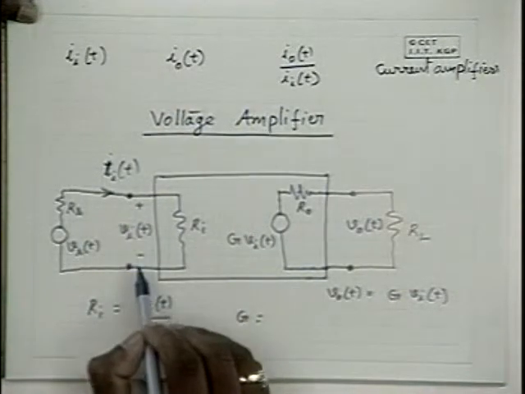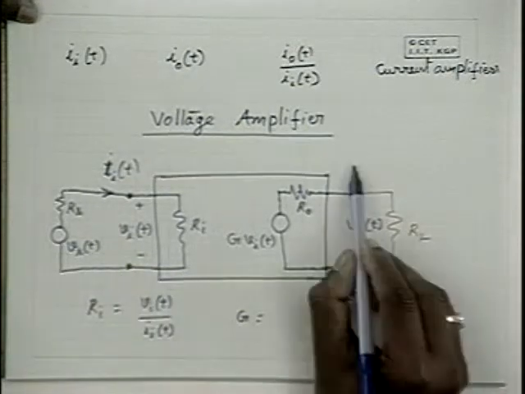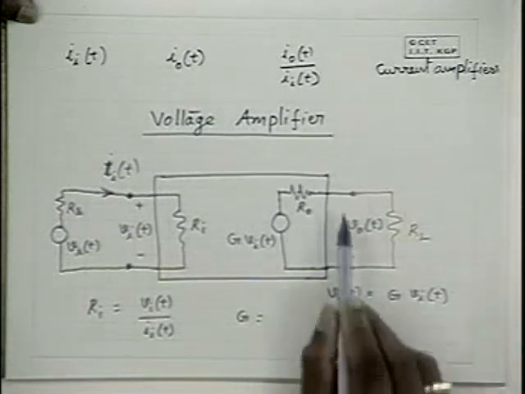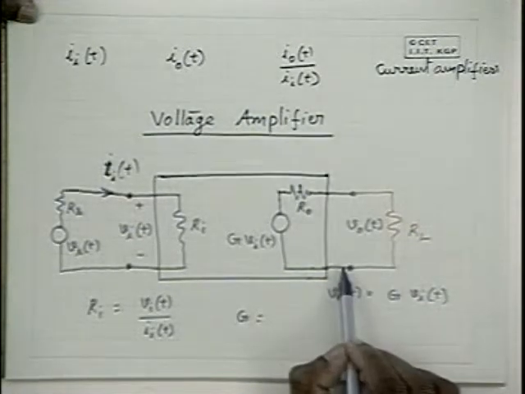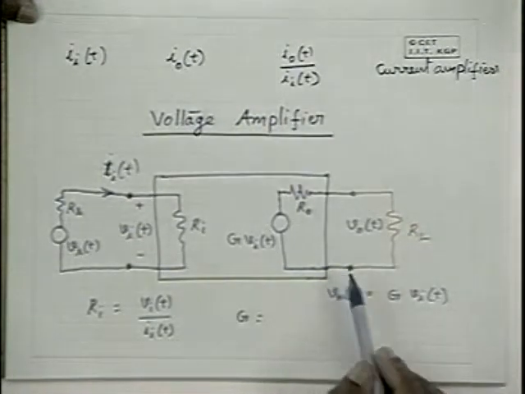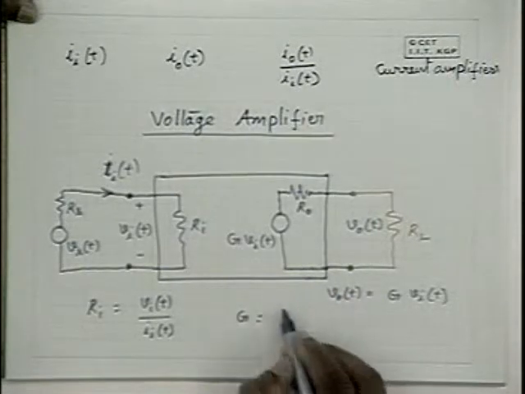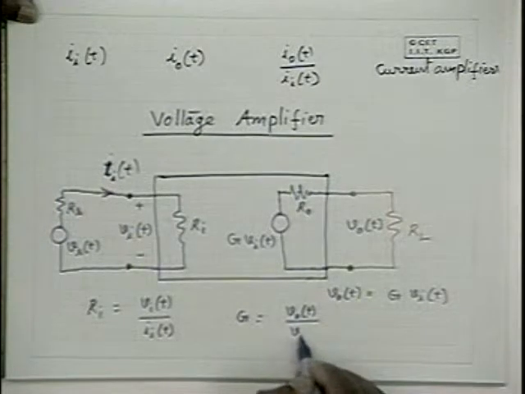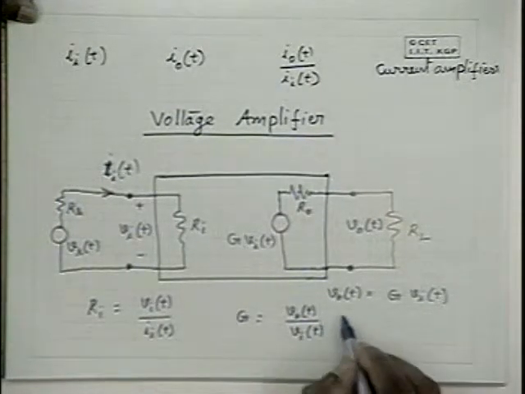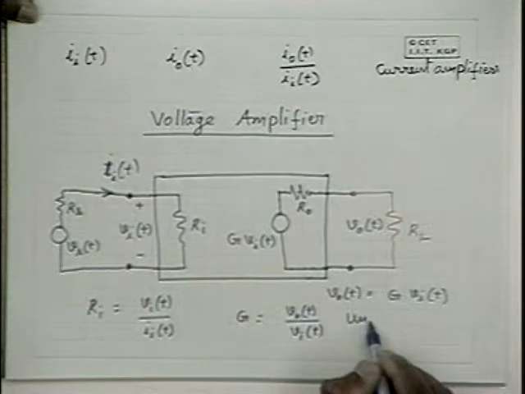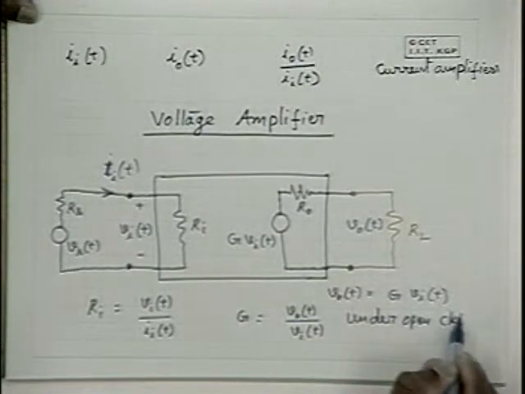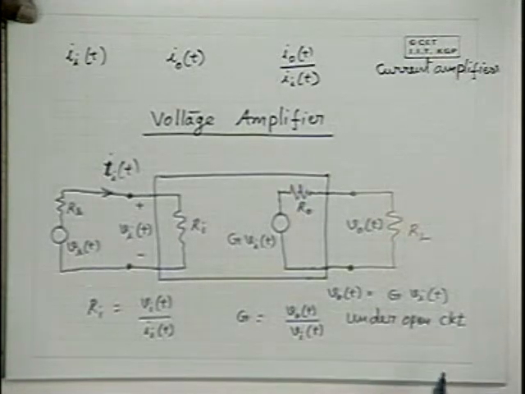Apply an input signal V_IT, open circuit the output, and measure the output voltage, which is going to be V_OT. Therefore, the output voltage under open circuit divided by the input voltage gives you G.